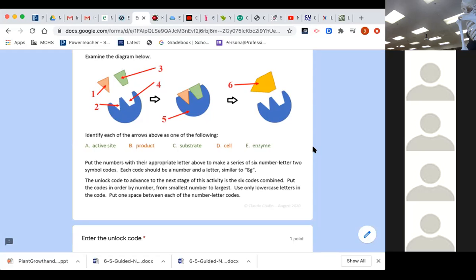So in this picture, what's the lowest number? Everyone? 1. Now 1 is pointing to something in the model. Which of these words would you call number 1?